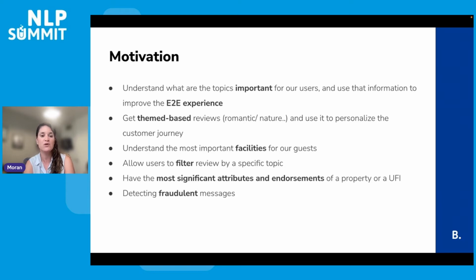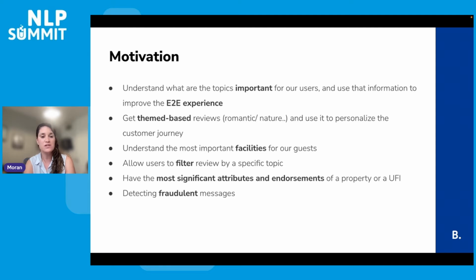We want to allow users to filter reviews by specific topics, so the user can see the reviews that are discussing the beach, the kitchen, and so on. We want to find the significant attributes and endorsements of a property or a UFI using the reviews and the question answering text.